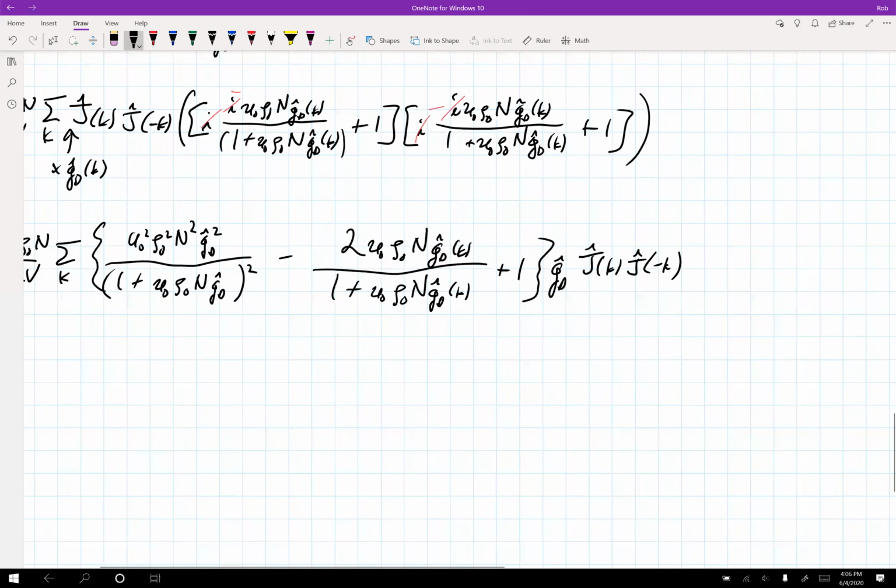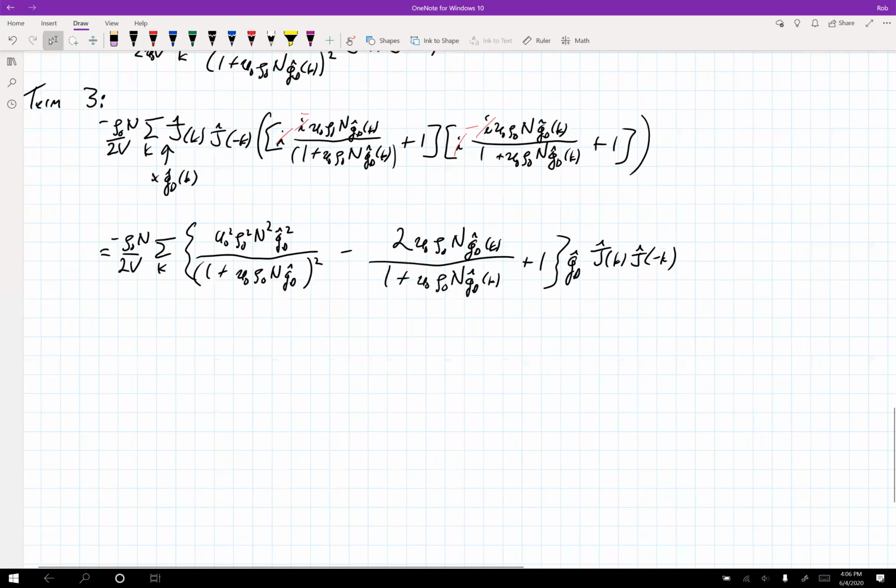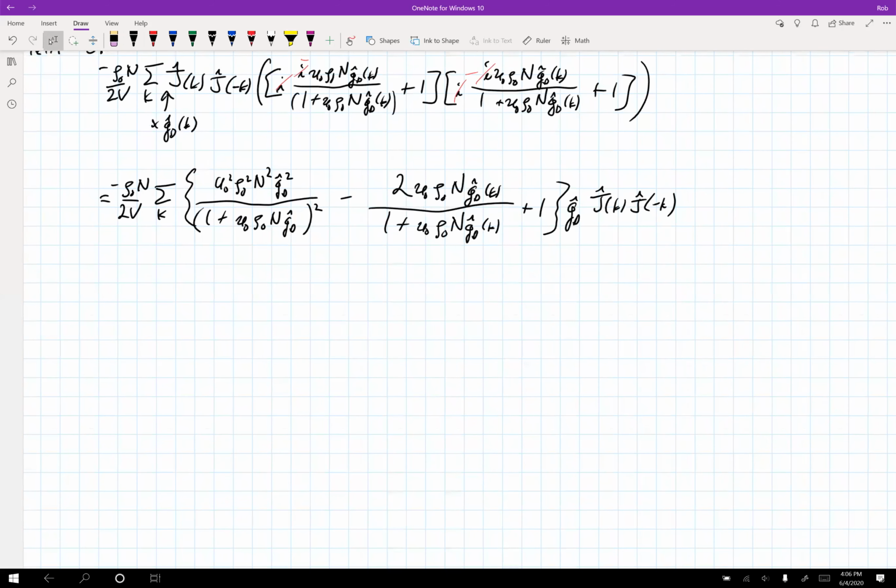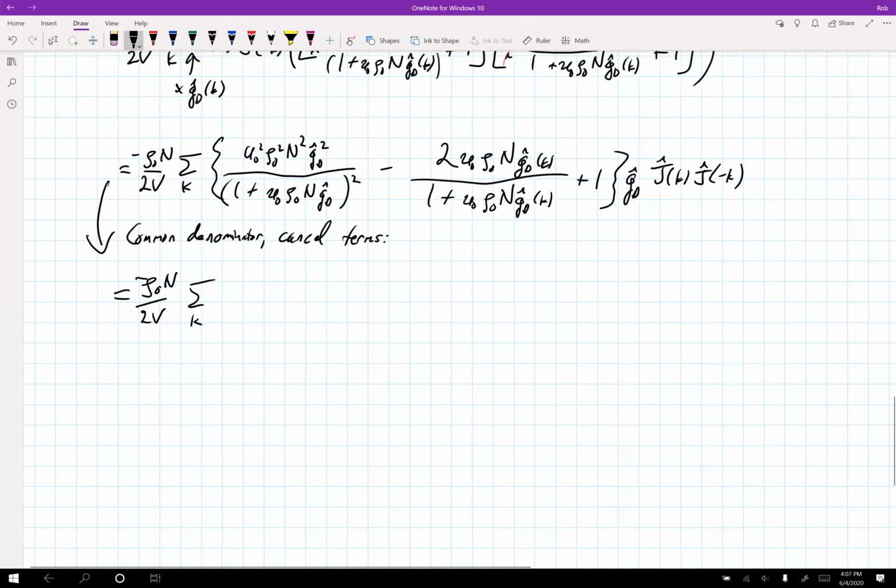Ugh. All right, and now I'm just going to skip the algebra here so that we don't have to grind through it all, because it is rather grueling. A ton of things end up canceling out, so the simplification actually ends up being kind of miraculous. The steps here are to find a common denominator, and then you cancel terms. And what you end up with is minus rho naught n over 2v sum over k.